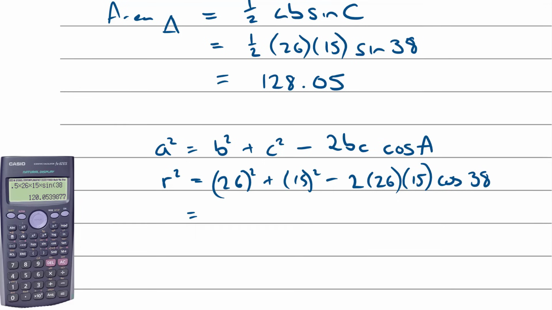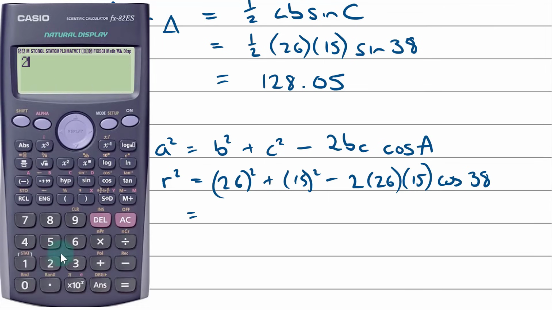So calculator time. 26 squared is 676. 15 squared, you can also just type this in all in one go if you want as well. Minus 2 times 26 times 15, 780, cos 38.